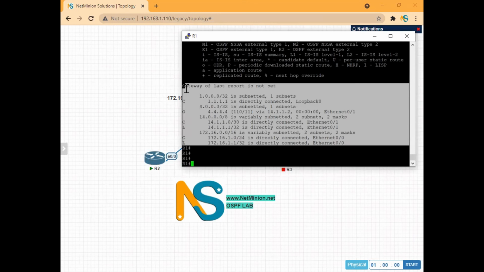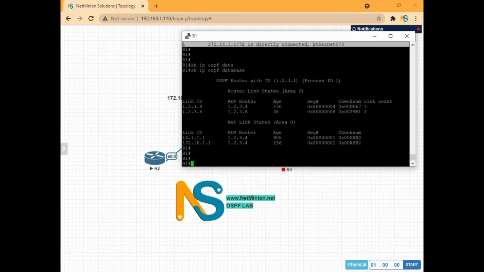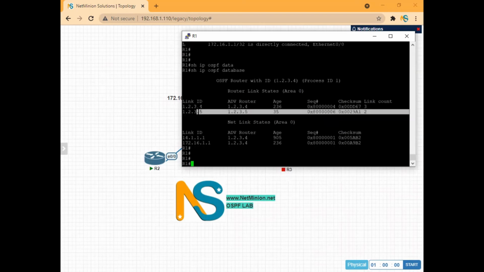So this way, the neighborship will come up. But since there is duplication, if you check show IP OSPF database, it will show you only one neighborship with any single router, not with both.